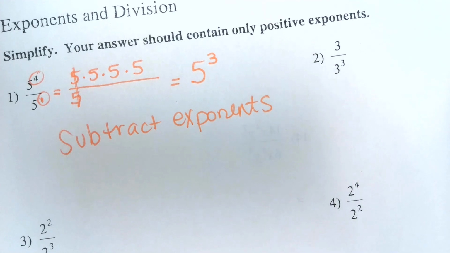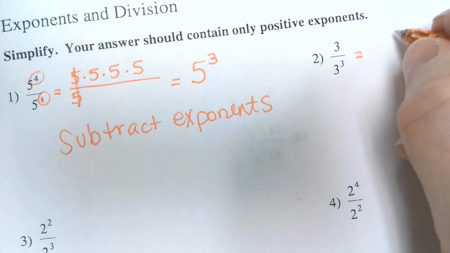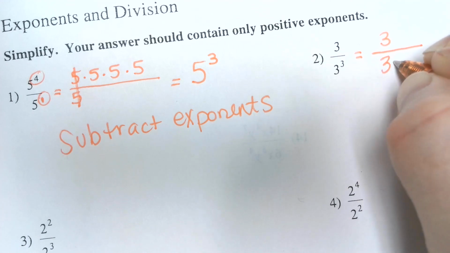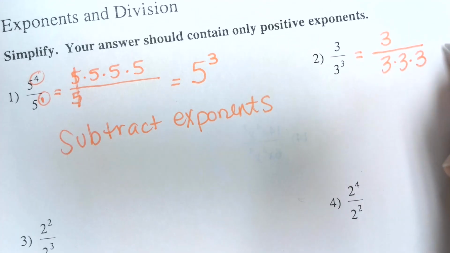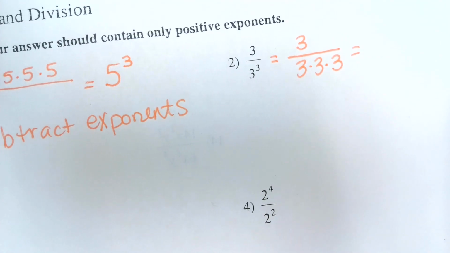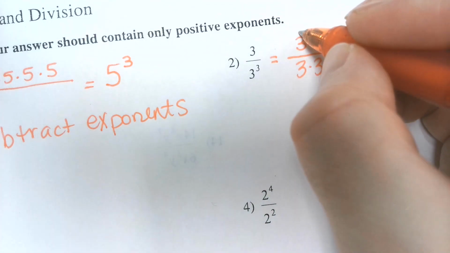So let's look at 2. I'm going to expand it out again. So there's just a lonely 3 on top, and then we have 3 3s on bottom. Let's cancel out. Anything that's on top and bottom, cancel them out.